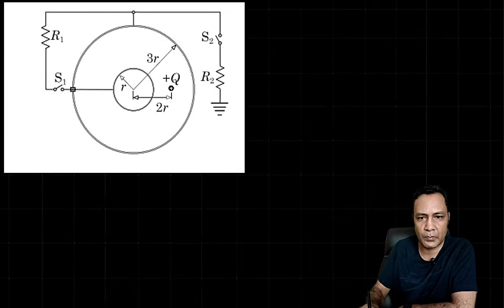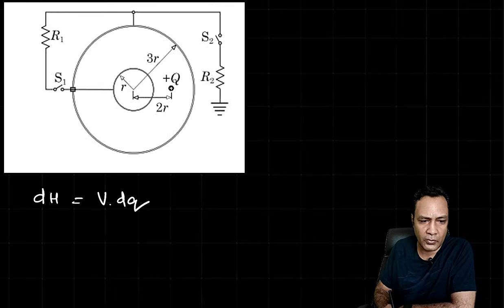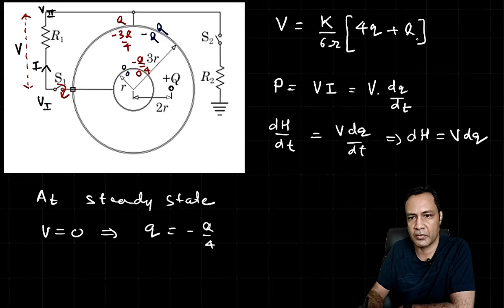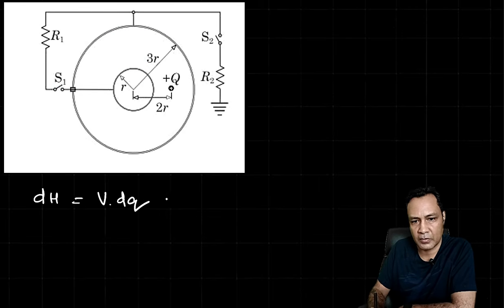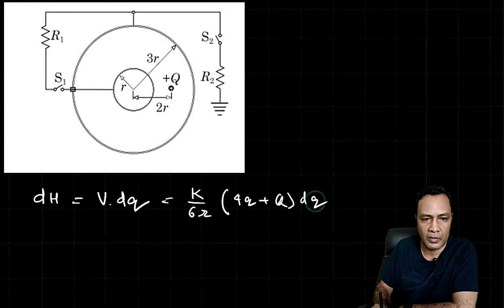So let me go to the next page. dH is equal to V dq. As a function of q, I have this potential difference, so I am writing here: V is equal to K by 6R, 4q plus capital Q, dq.